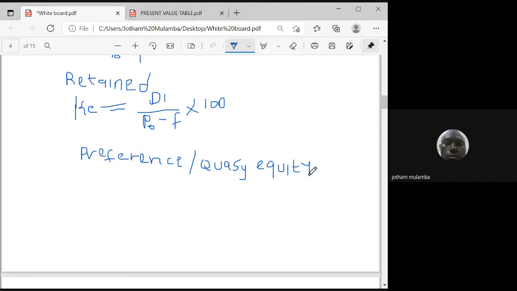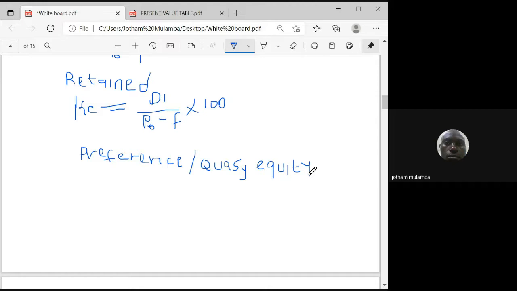Then the third and fourth category, we have cumulative preference shares and non-cumulative preference shares. For cumulative preference shares, if we don't make profit for a year, we don't have to pay dividend for that year. But the year we make profit, we have to pay back the backdated dividend that we had not paid for the previous years.